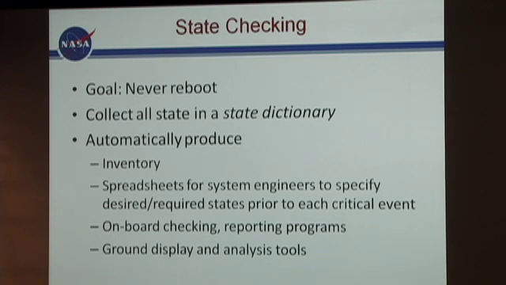So that's kind of a philosophy that's based on sort of negative rather than a positive idea of, well, why don't we know all the state? And why don't we have either checking by system engineers by something as primitive as spreadsheets that say, well, what is the state supposed to be before we commit to this event?